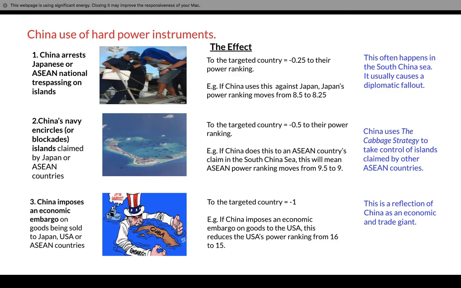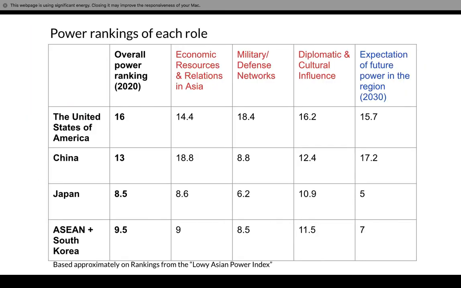You can arrest Japanese or Asian nationals who trespass on islands that you believe are Chinese islands. There's an effect to each of these forms of hard power. Basically, every time you do one of these, it leads to the targeted country losing some power. So let me show you.